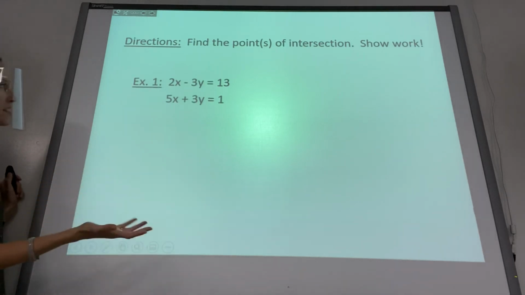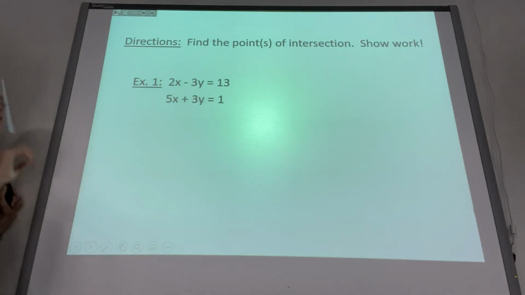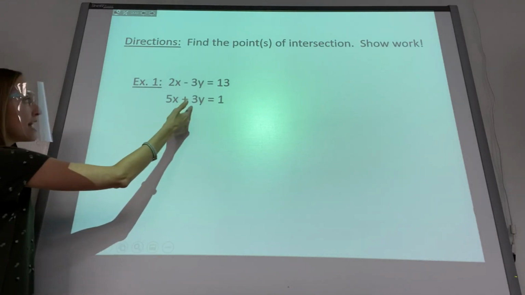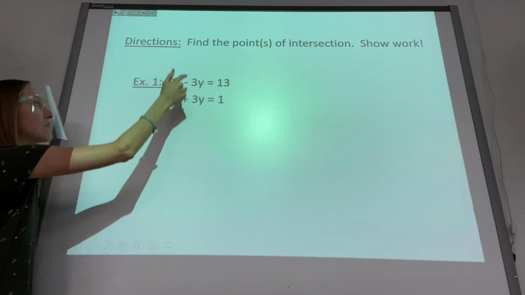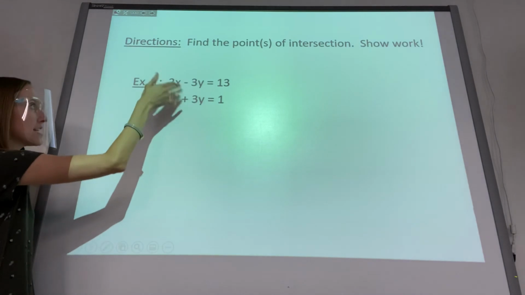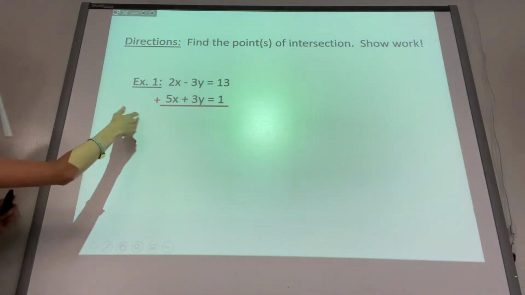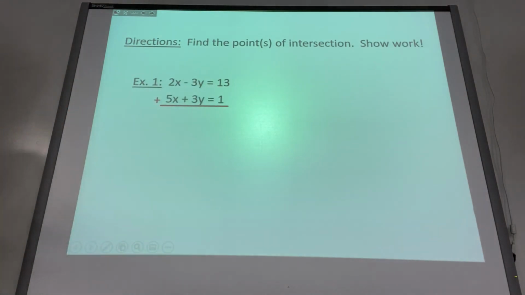Now, to do substitution, you have to solve for one of those variables first and then substitute it back in. That's not going to be real nice here with those coefficients.